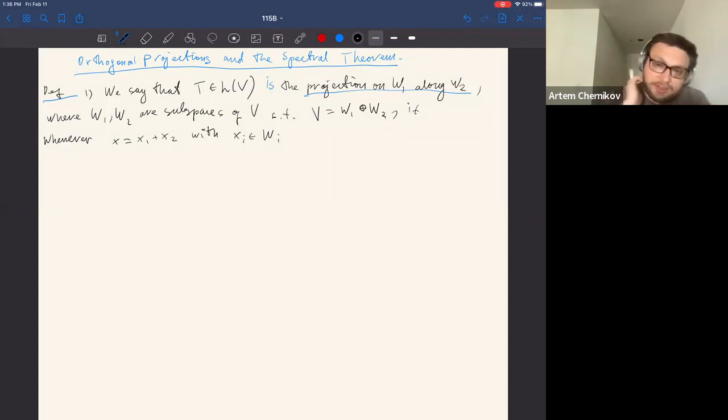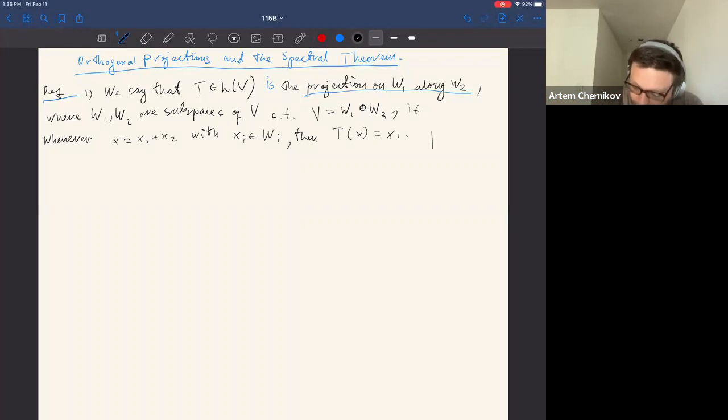Whenever we have this, then the result of applying T to X is simply X1. So we forget the component corresponding to W2. That's why we talk about projection on W1, because what survives is only the component of the vector corresponding to W1, and the one corresponding to W2 disappears.